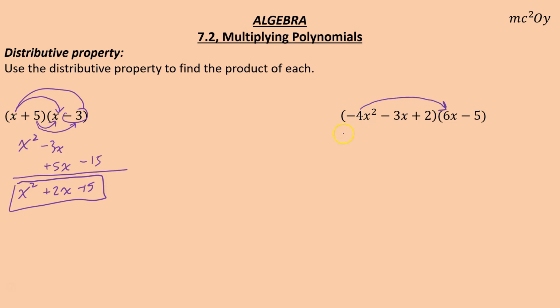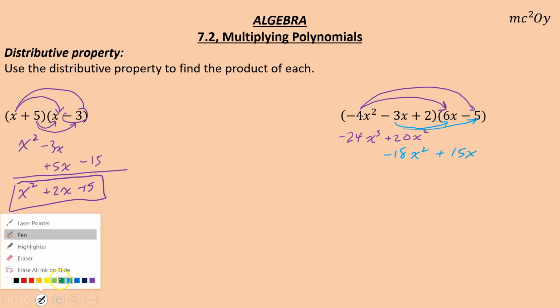term in the first. So negative 4 times positive 6 is negative 24. X squared times x is x cubed. And negative 4 times negative 5 is positive 20. And x squared, no x is there. All right, and then if I switch out my colors here, I have negative 3 times 6, or negative 18. And x times x is x squared. And then negative 3x times negative 5x is positive 15x.